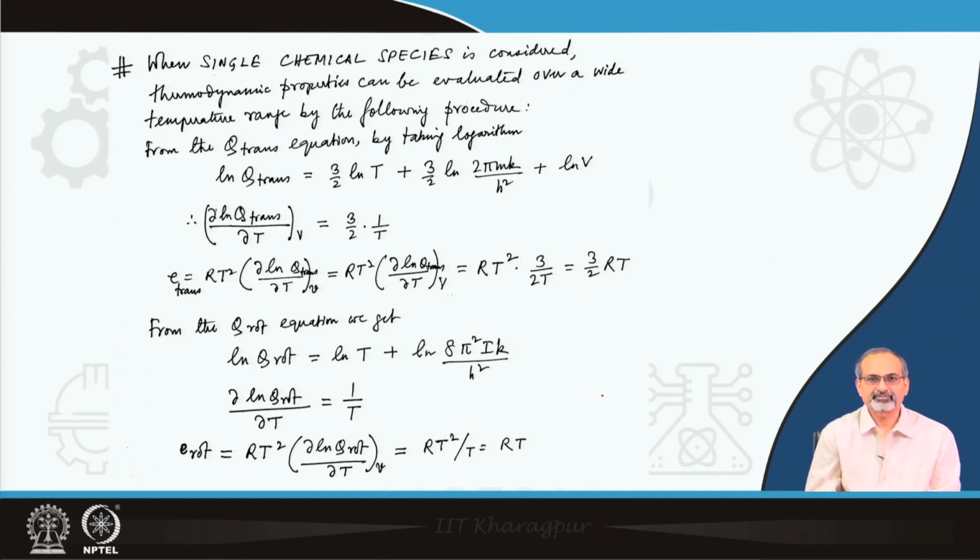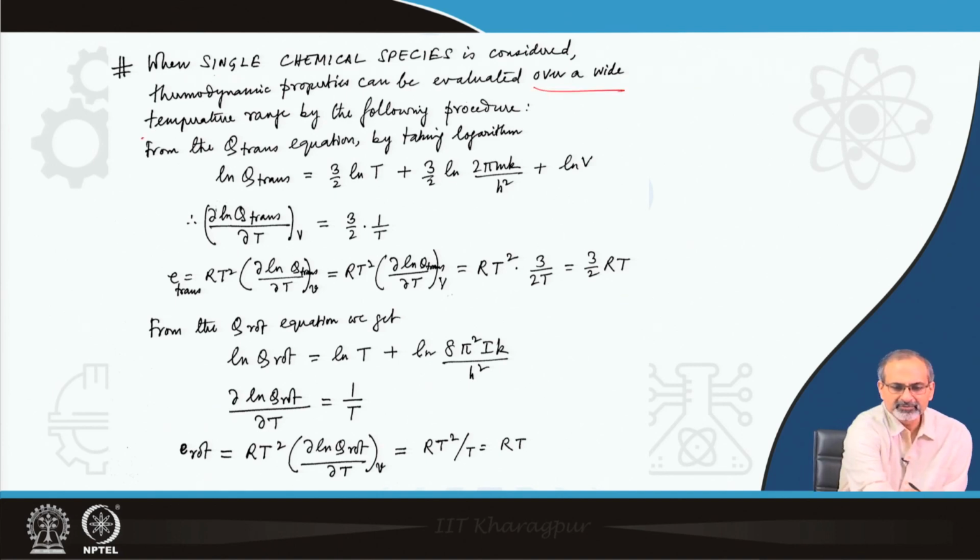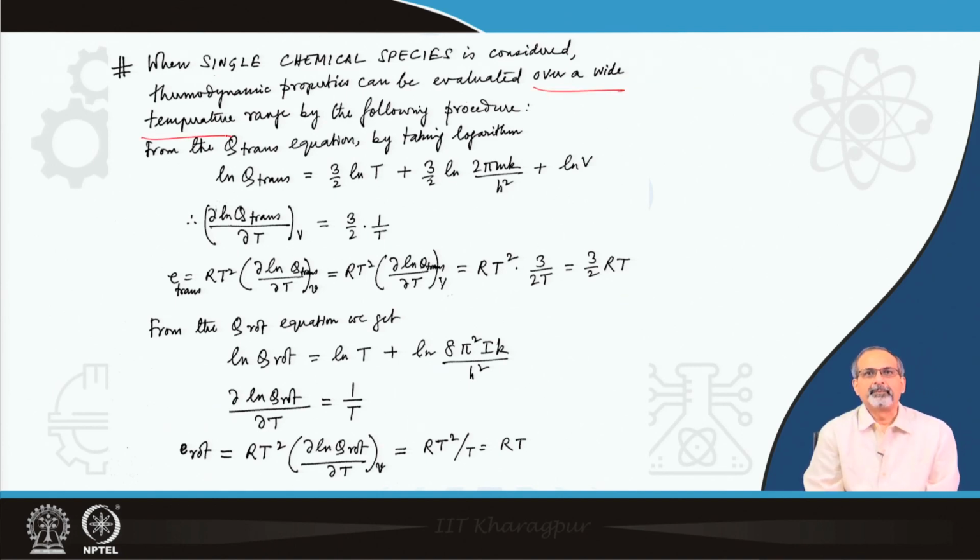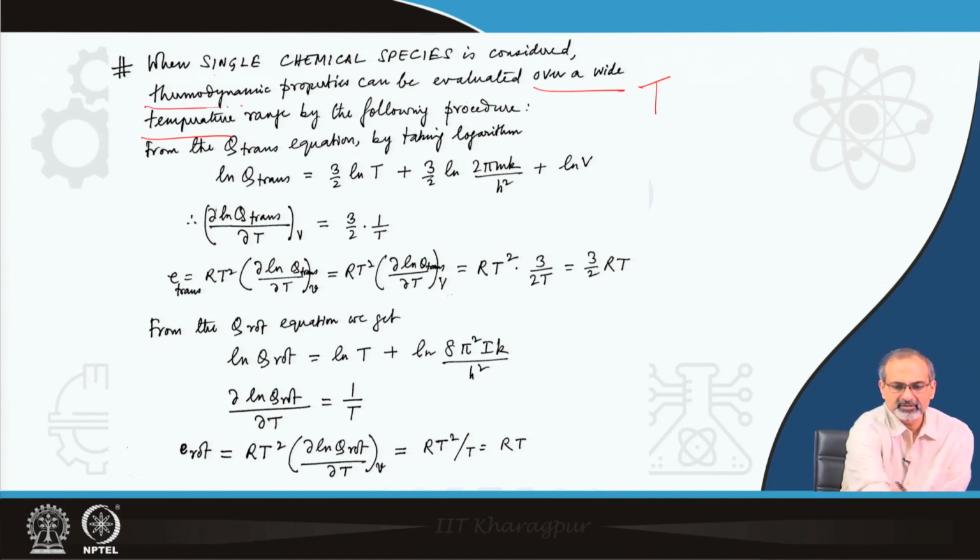Now, when a single chemical species is considered, thermodynamic properties can be evaluated over a wide range of temperatures, because we already saw that Q translational, rotational, vibrational, electronic, all the forms that you can think of have explicit dependence on T. Therefore, since the thermodynamic properties are now expressed in terms of partition function, and partition function is definitely going to depend on T and of course also on V, there is going to be temperature variation in the properties, and that is what we are trying to establish.